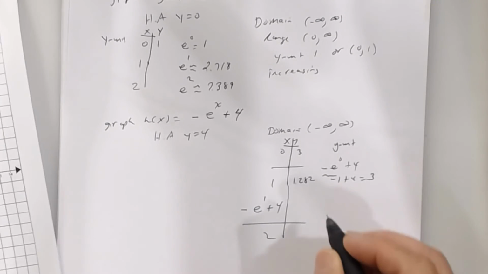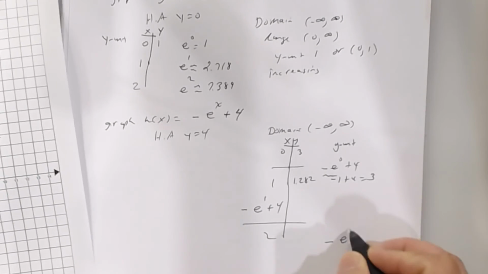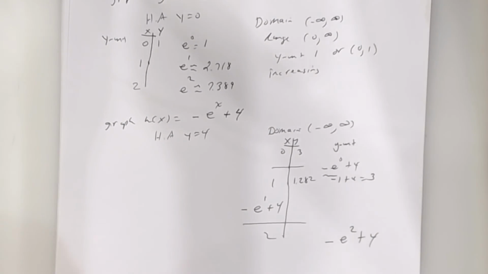If x is 2, I get negative e squared plus 4. So use your calculator. Tell me what that is. Make sure you know how to use your calculator, because on test 3 and possibly the final, you're probably going to have to graph an e function. Negative 3.389.